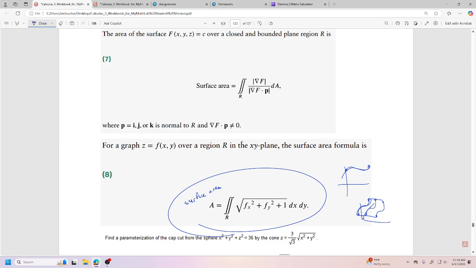So it's just an extension, an extra dimension. I'm going from one integral to two integrals now, and that's the only difference. Exactly right. That was an excellent connection that you made. So yeah, arc length, same formula.